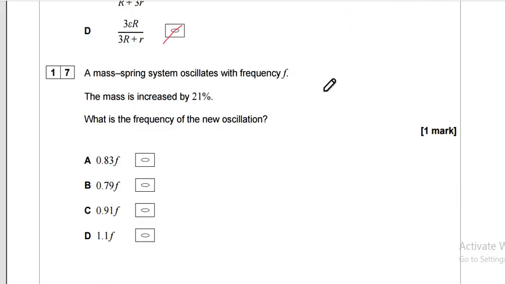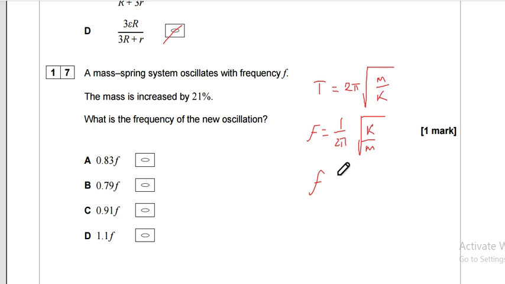We first need to remember the relation: periodic time equals 2 pi square root of m over k. So f equals 1 over 2 pi square root of k over m, the inverse. Here f is inversely proportional to the square root of mass.